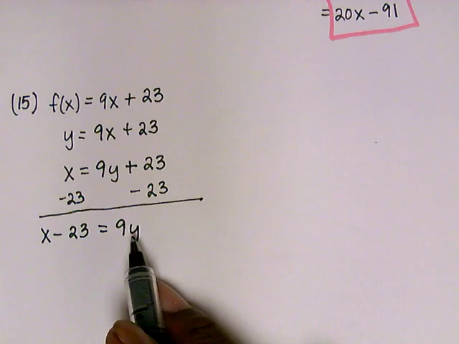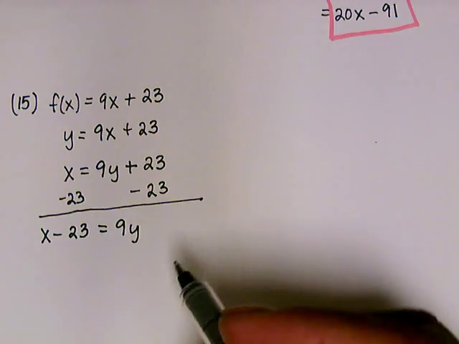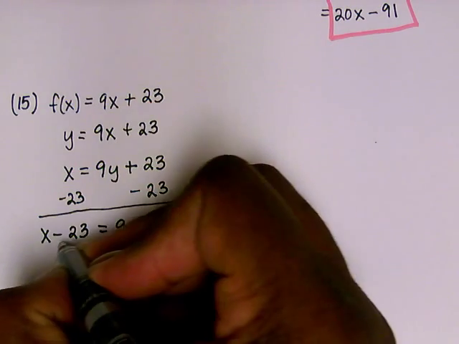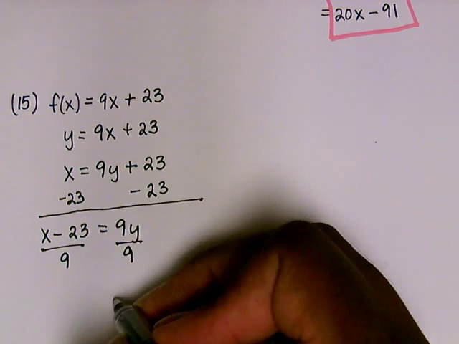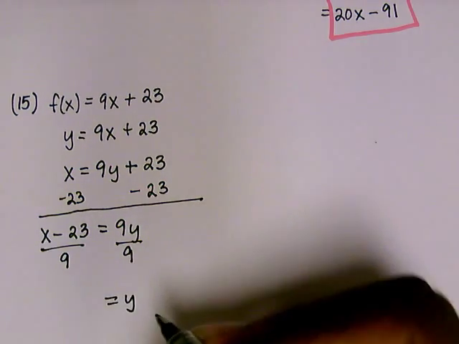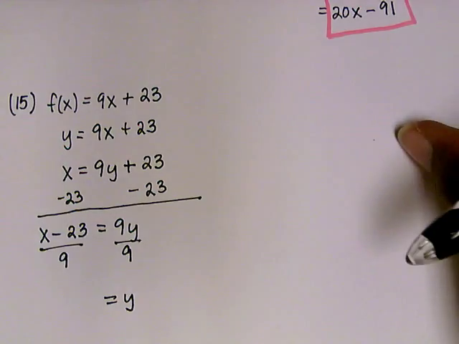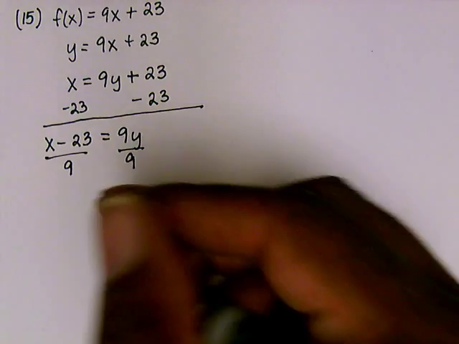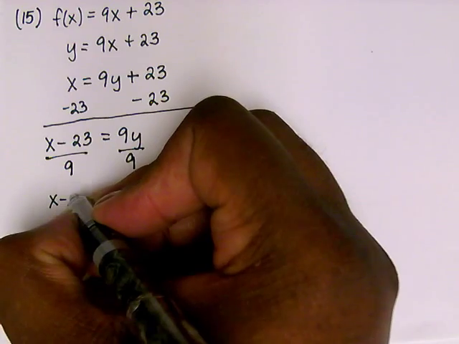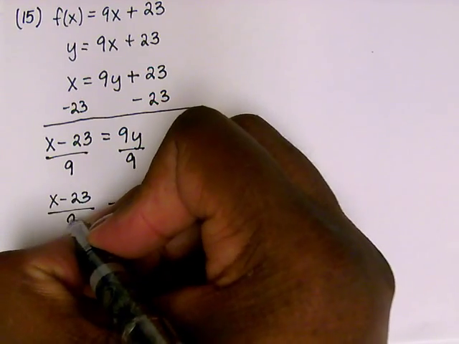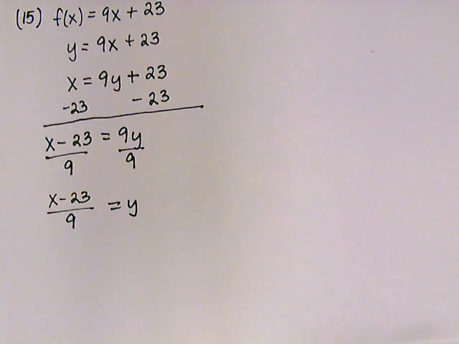I still got to get y by itself. It's being multiplied by 9, so I need to divide by 9 on both sides. So that means that y is equal to x minus 23 divided by 9. So that equation is solved for y.